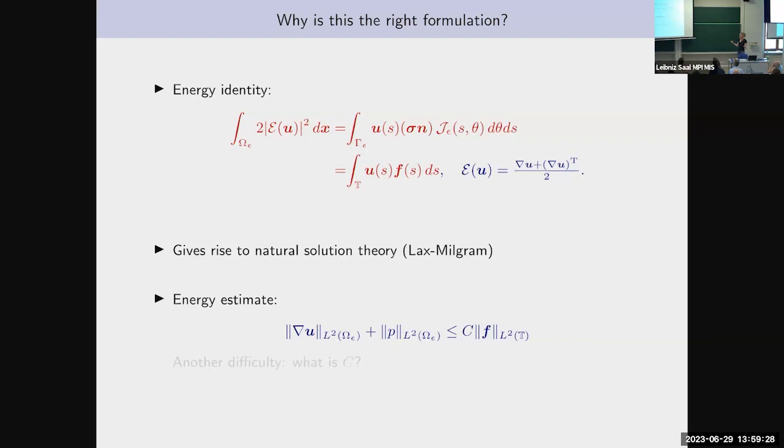And so that's really nice because, first of all, it gives us immediately a solution theory, right? We can just use Lax-Milgram to say, okay, we have a unique solution for this PDE. And it also gives us a framework in which we can actually talk about doing some kind of error estimate, right? Because out of this, we just get a very nice energy estimate.